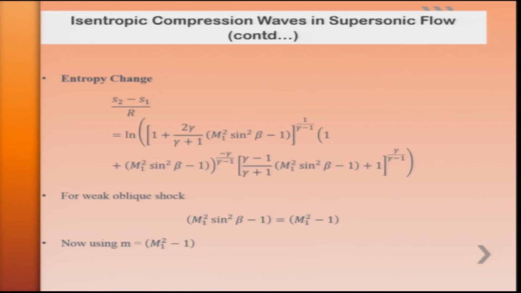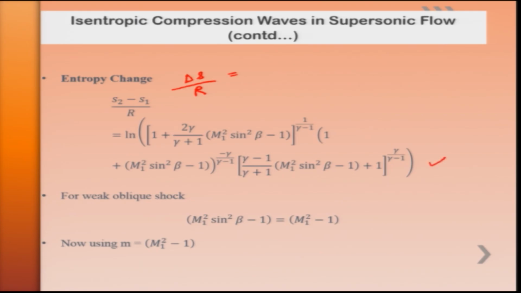Okay. Now an important conclusion: the same exercise can be done with the isentropic relationship which we have evolved, with delta S upon R. I can write this expression as Cp ln T2 by T1 minus R ln P2 by P1. Inserting the T2 by T1 and P2 by P1 expressions here, I can obtain an expression something like this.